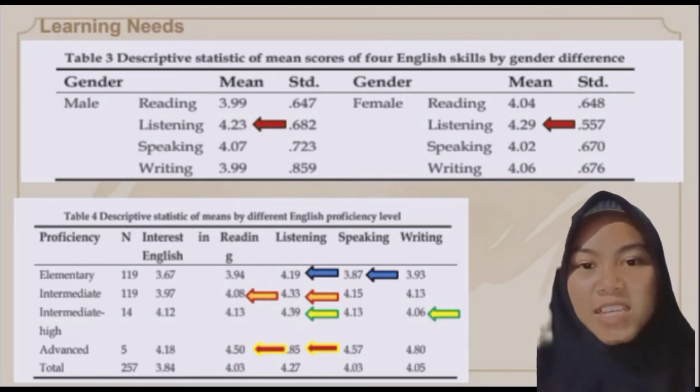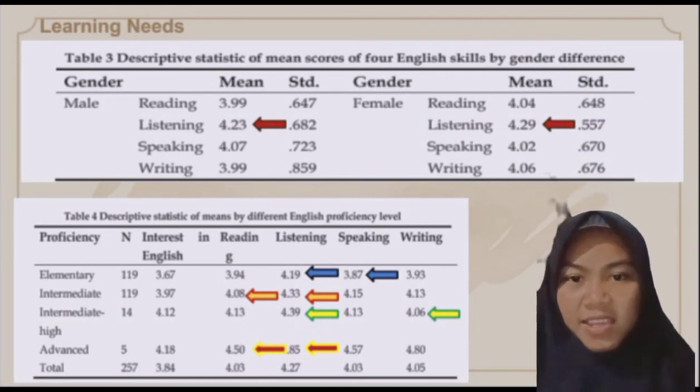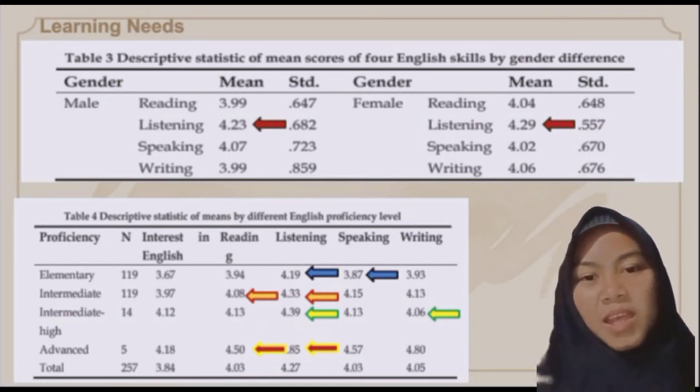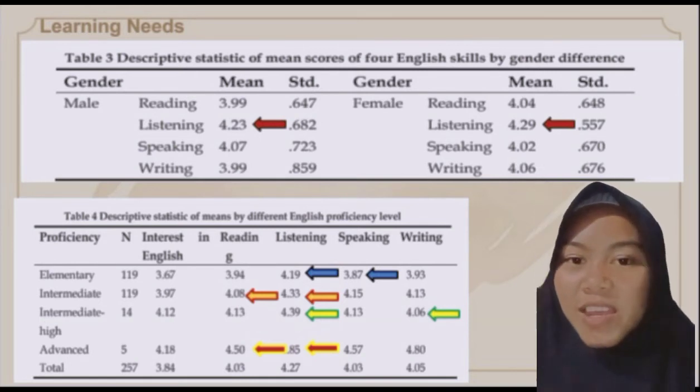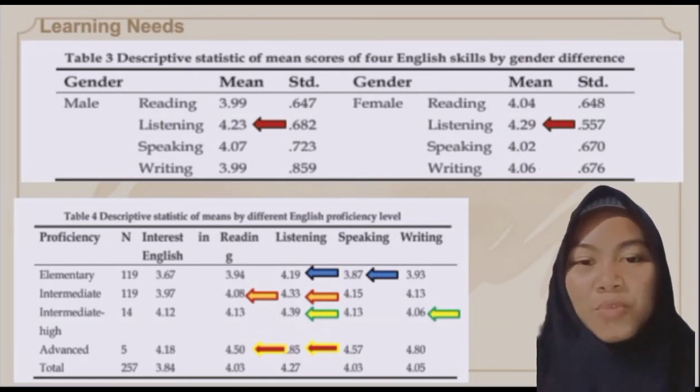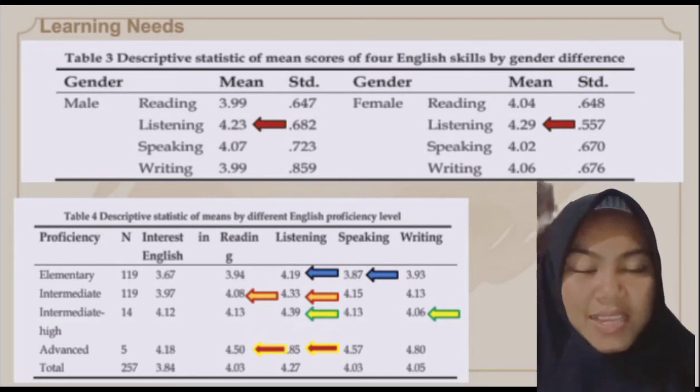And then in intermediate high, the listening skill is also the higher score, with the score 4.39, and lower in writing, with the score 4.06.